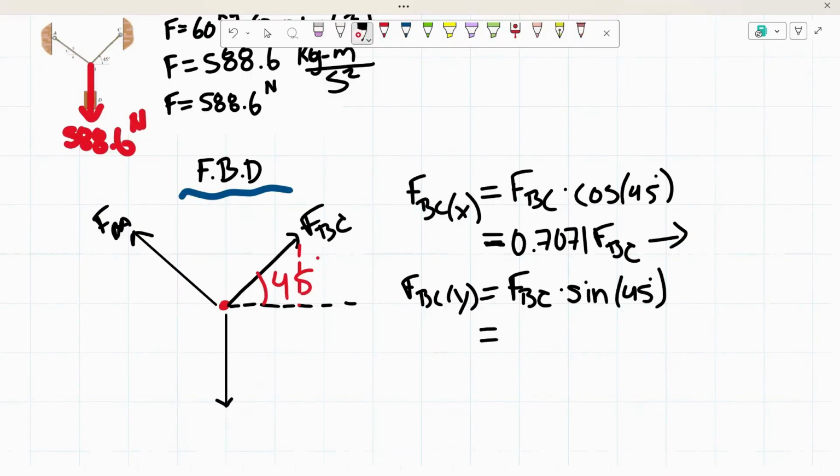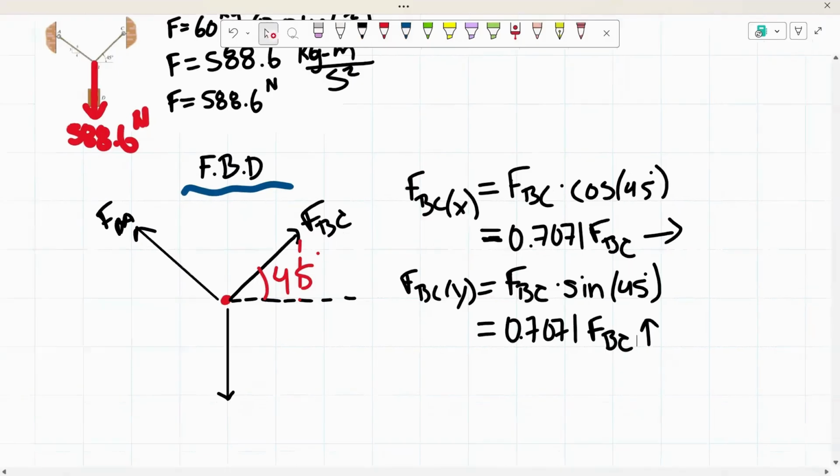If we put sine of 45 into our calculator, that should also give us 0.7071 FBC. And this time, since it's a vertical component, it is either acting upwards or downwards. As you can see, FBC is going upwards, so it will have a sign of going up.